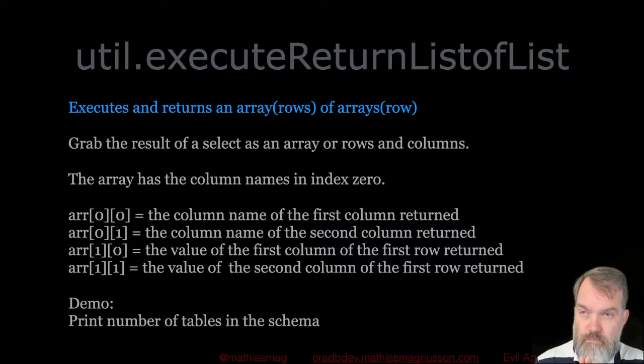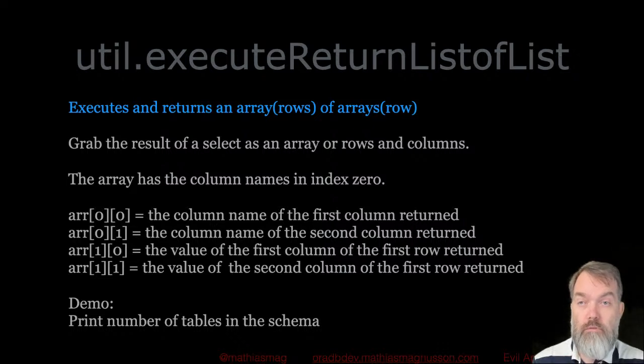The array has indices for both the rows and for the column names. And in index 0, it puts in the column names. So in the array, in the 0 level, we're only going to find column names, no data.